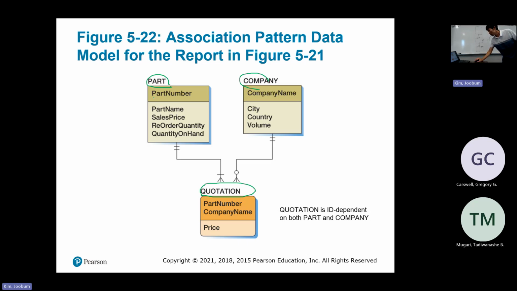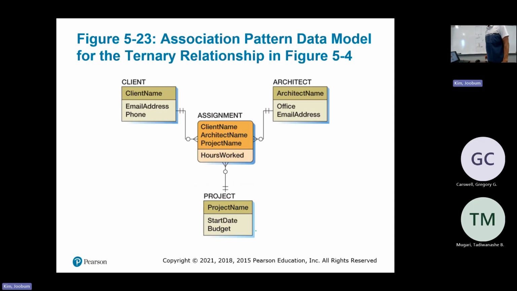But here the primary key, part number, is used, and the company name is used in the associative entity. So this entity is called an ID dependent entity. The part number and company name are included in the quotation entity. Okay, this is the first pattern.